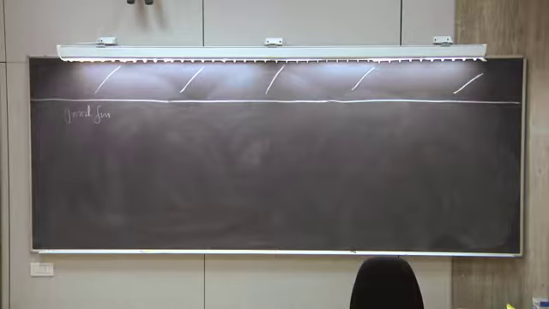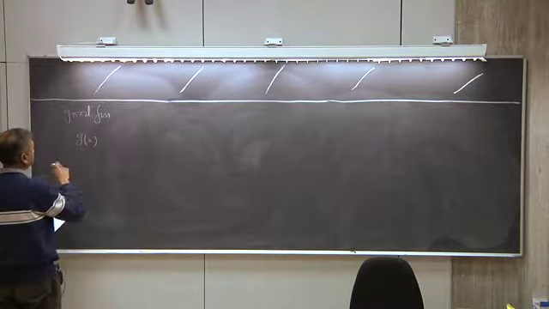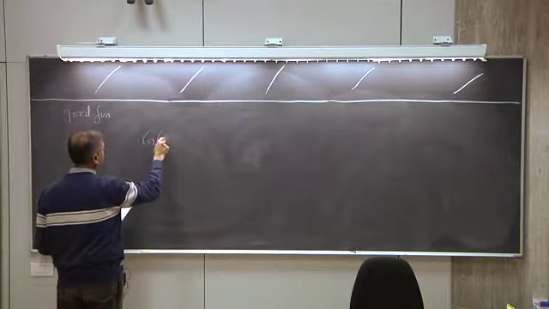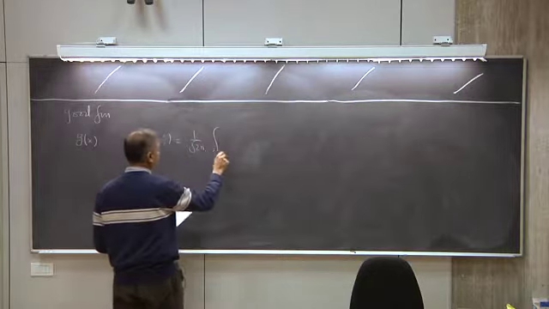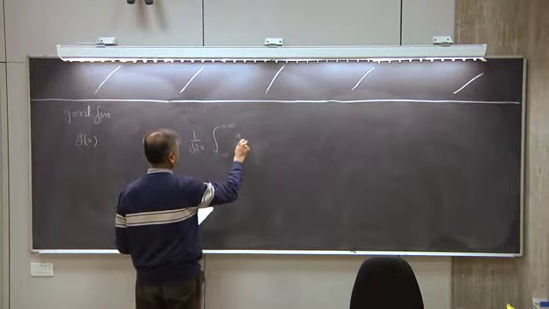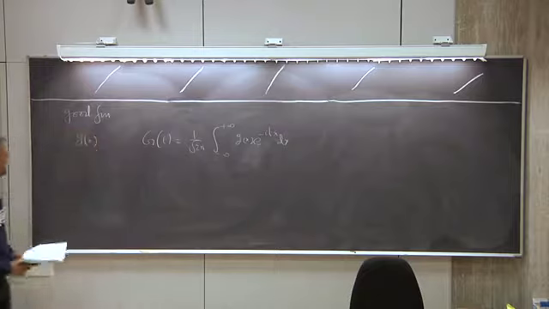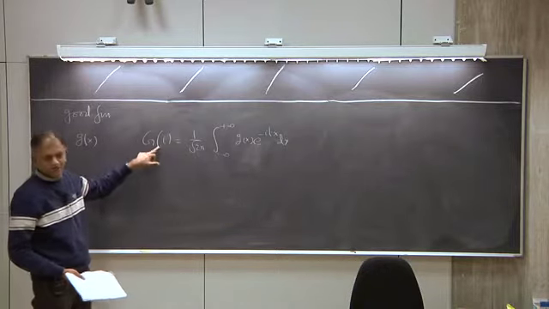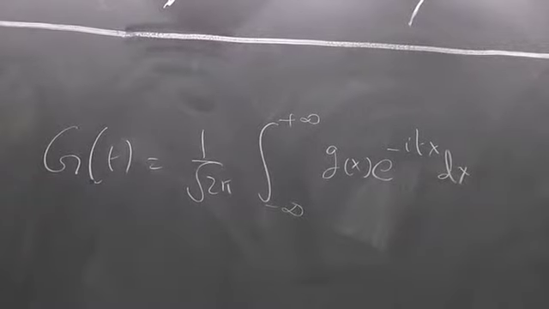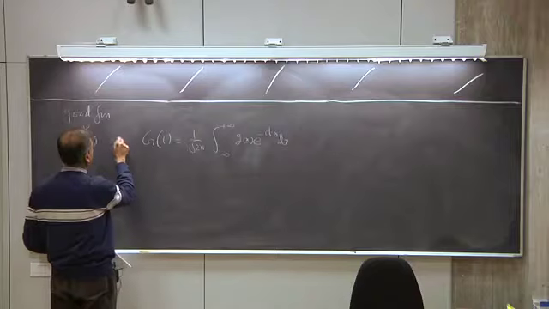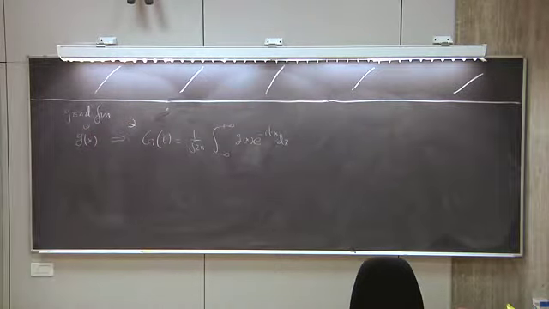The main point here was, suppose g is a good function, and you look at the Fourier transform G(t), which is 1 over root 2 pi times the integral of g(x) e to the minus i t x dx. If g(x) is a good function, then this Fourier transform of g(x) is also a good function, so it belongs to the good functions.